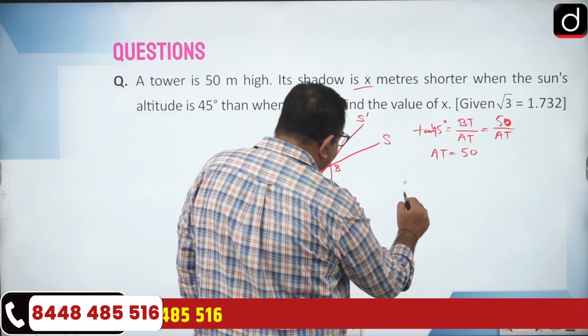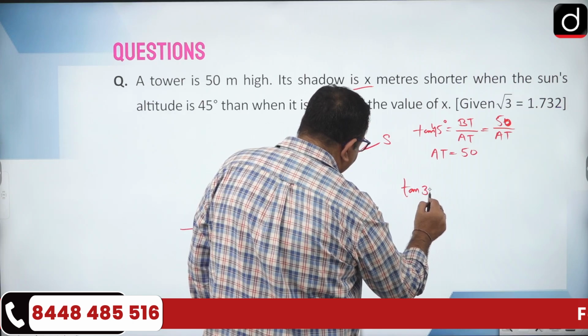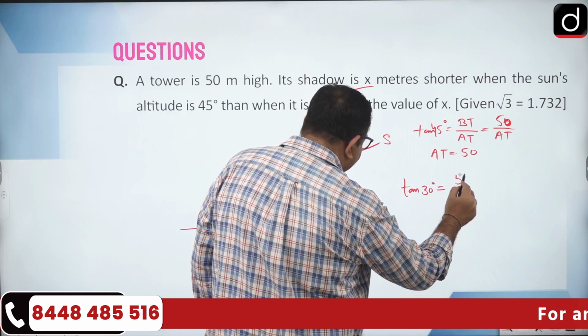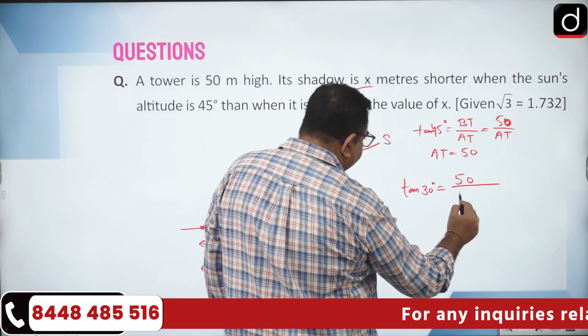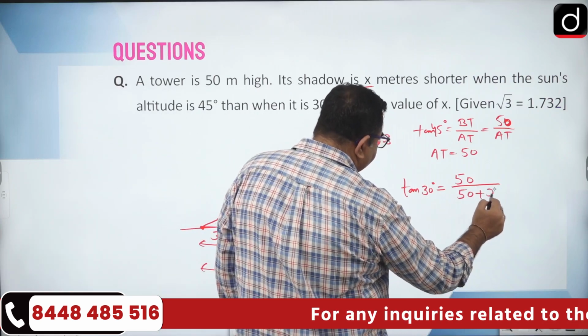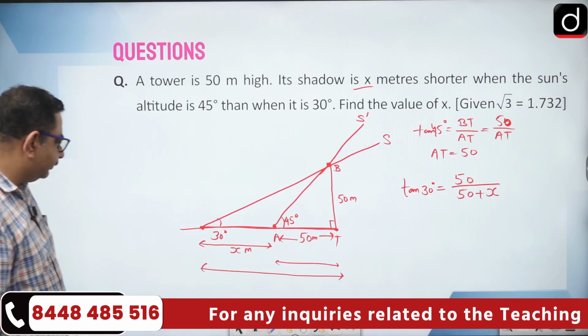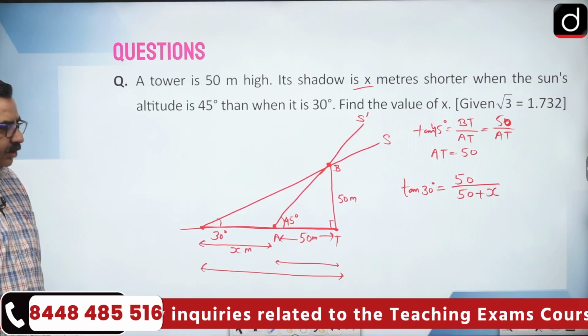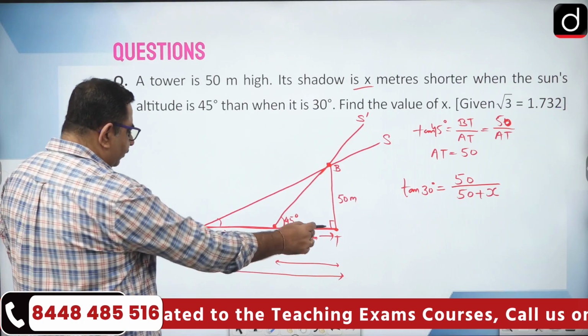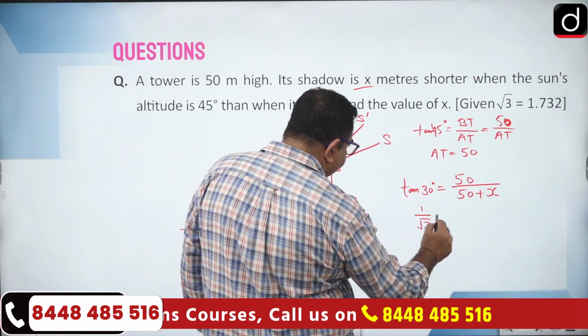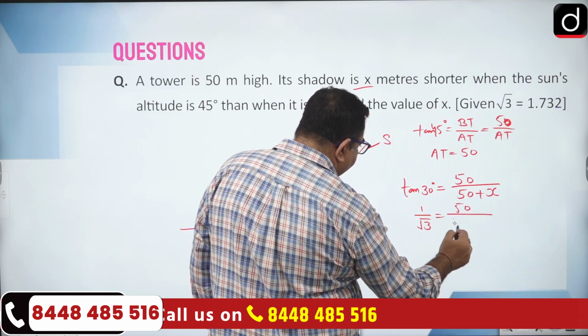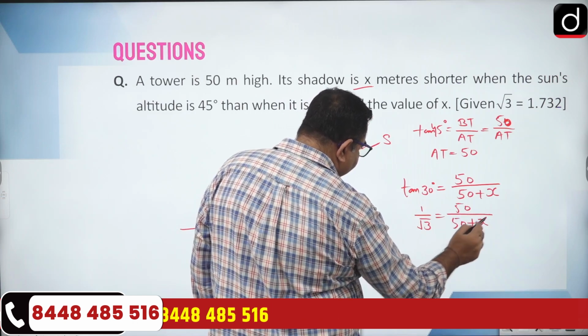When you apply tan 30 degrees, that is height by base. So that is 50 plus x. Now this is the base. Height by base, so tan 30 degrees is 1 by root 3, equal to 50 upon 50 plus x.